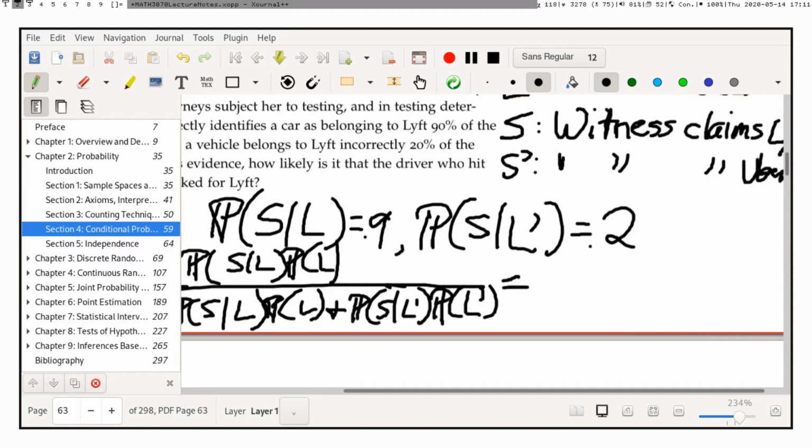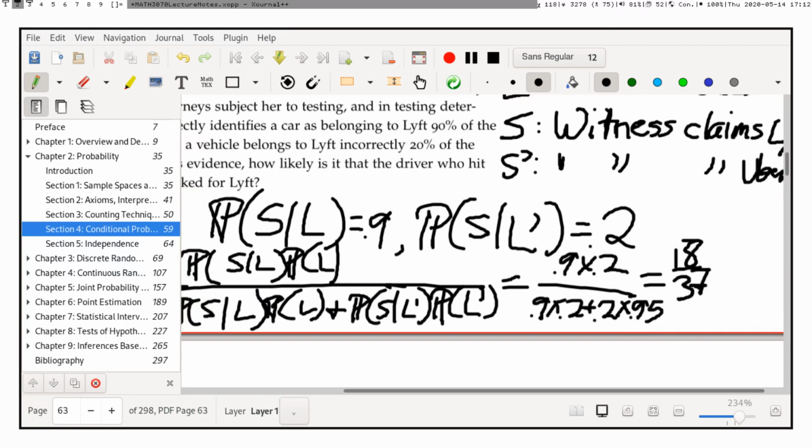And now we can fill in numbers and say this is going to be 0.9 times 0.05, divided by 0.9 times 0.05 plus 0.2 times 0.95. And you can go to a calculator and compute what this is, and you get that this is going to be 18 over 37, which is approximately 0.49.